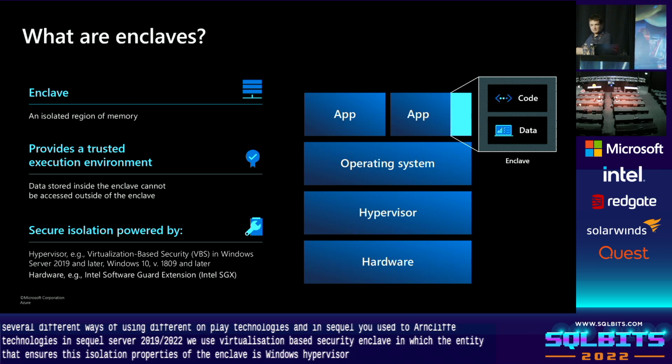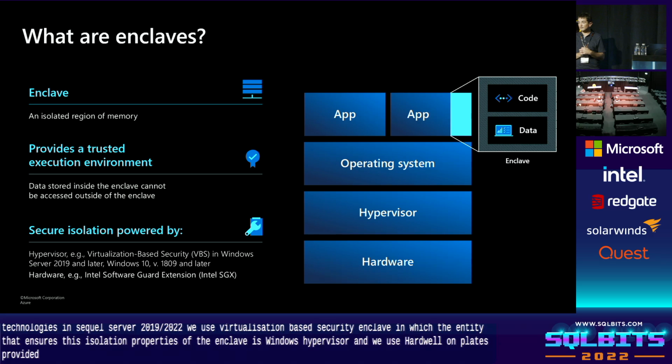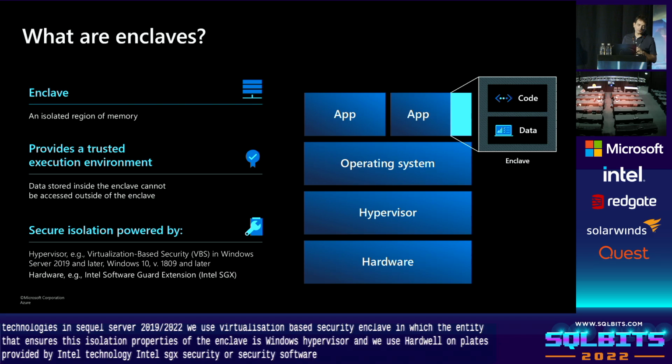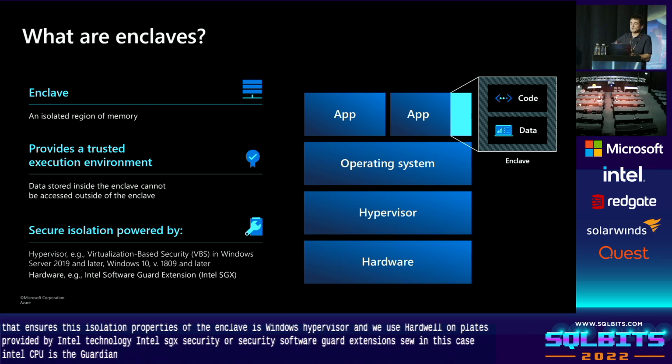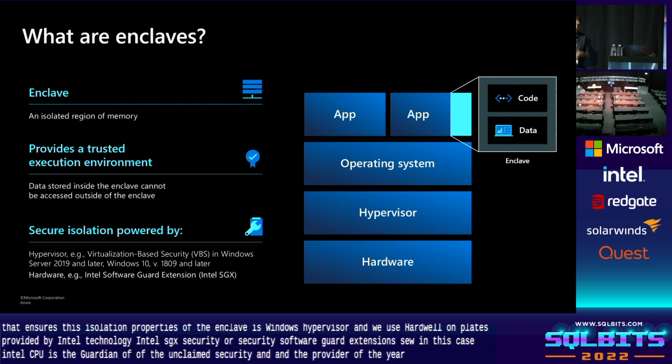And in Azure SQL Database, we use hardware enclaves provided by Intel technology called Intel SGX, or Software Guard Extensions. So in this case, the Intel CPU is the guardian of the enclave security and the provider of the enclave isolation, okay? For you as an end user, it doesn't really matter much.